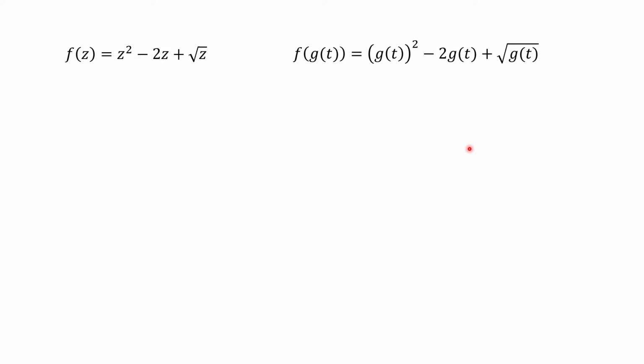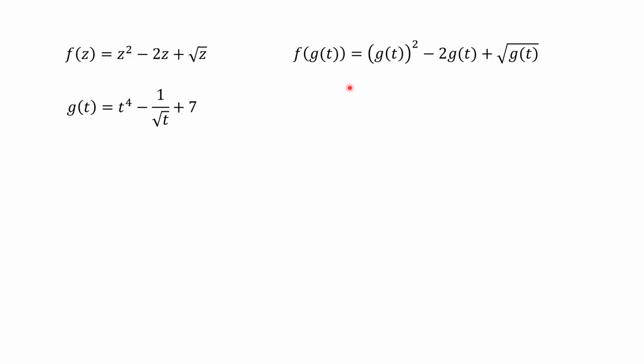So let's look at the function we have at hand. We have a function of z, where z is an argument. And we also consider f of g of t, where g of t is an argument of our function, where we're just formally replacing z with g of t. That's how we do it. But now let's be more specific.